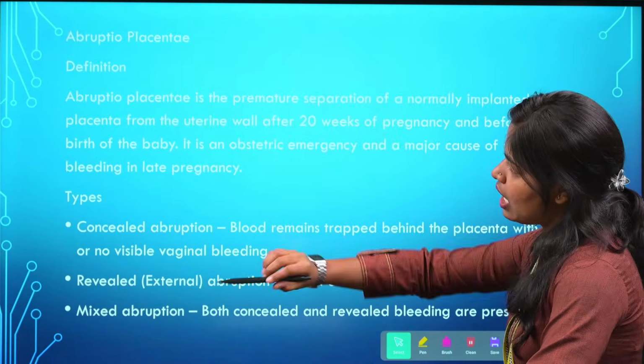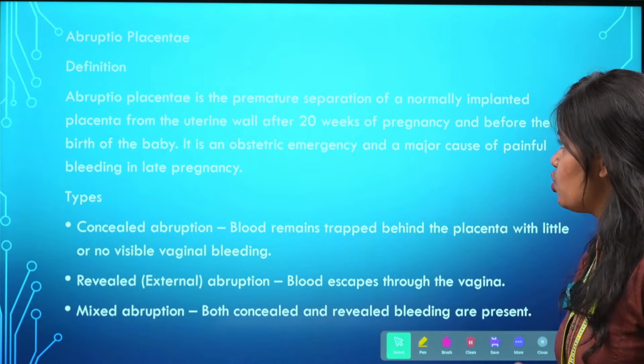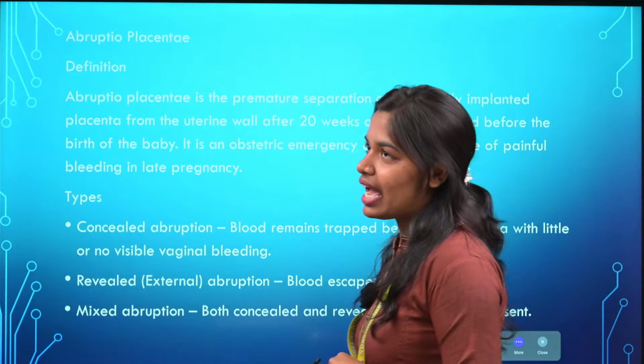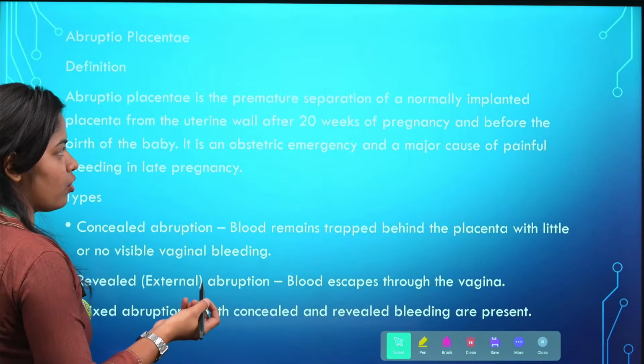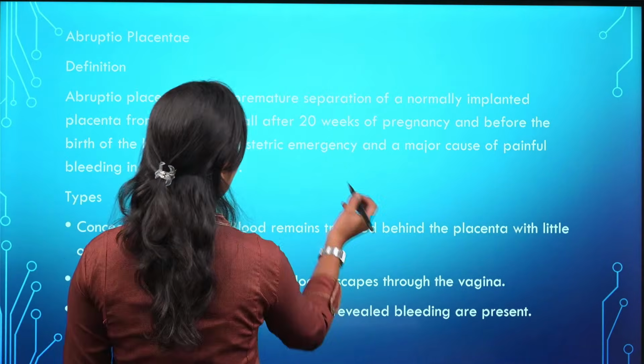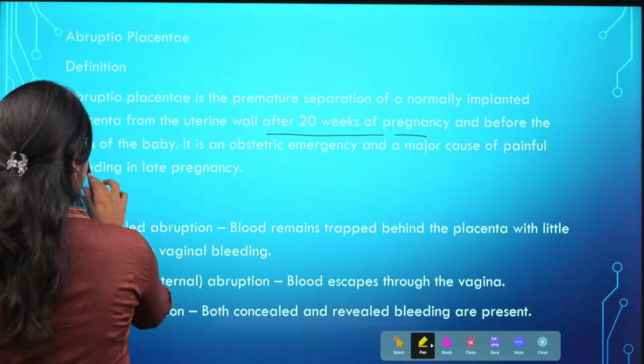Next is abruptio placenta. Abruptio placenta is the premature separation of the normally implanted placenta from the uterine wall after 20 weeks of pregnancy and before the birth of the baby.